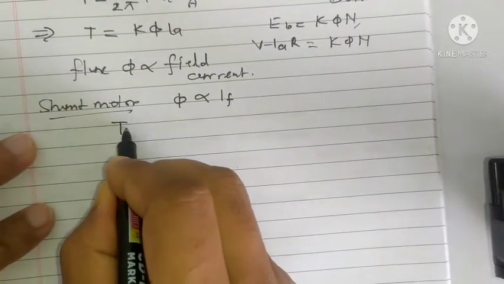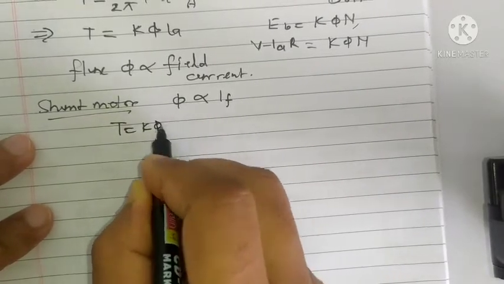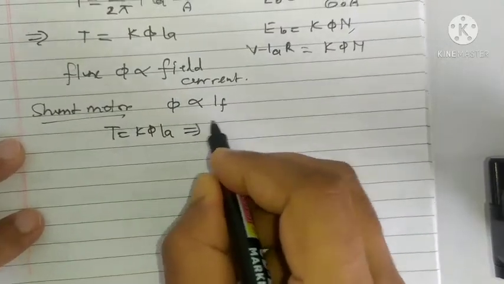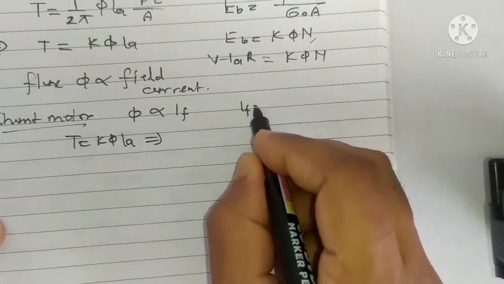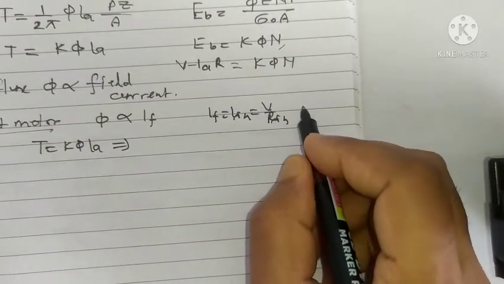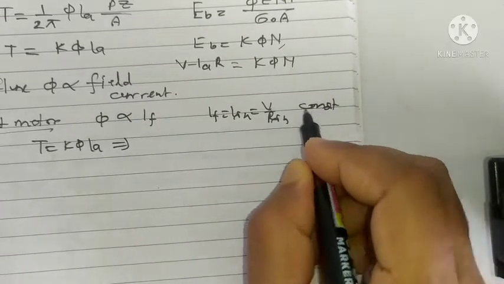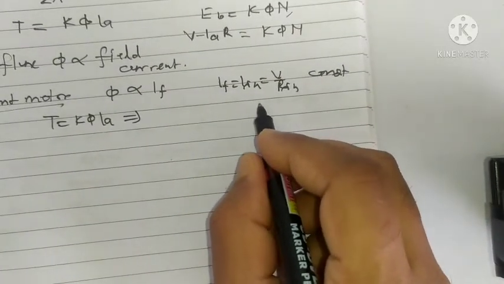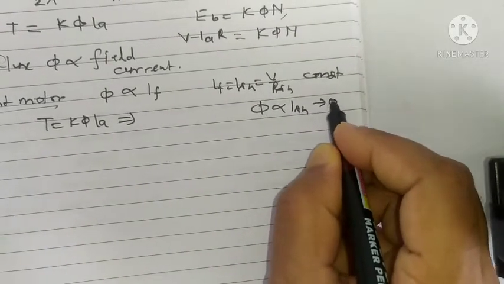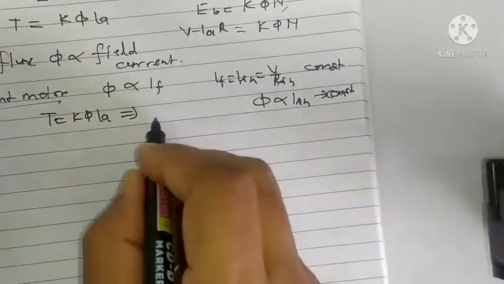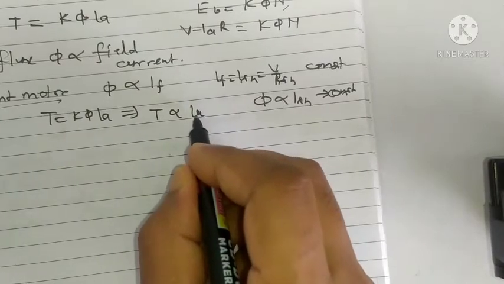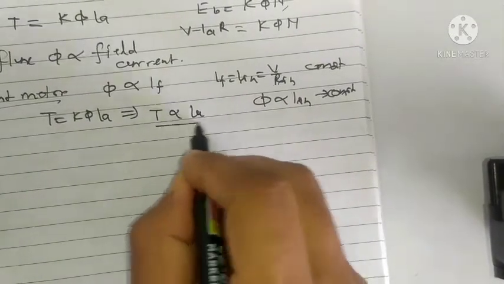So T, which is equal to K phi Ia, this implies, as in a shunt motor, field current, which is shunt current, is V by Rsh, is constant. So as Ish is constant, phi, which is directly proportional to Ish, will also be constant. Therefore, I can write torque is directly proportional to Ia, right?